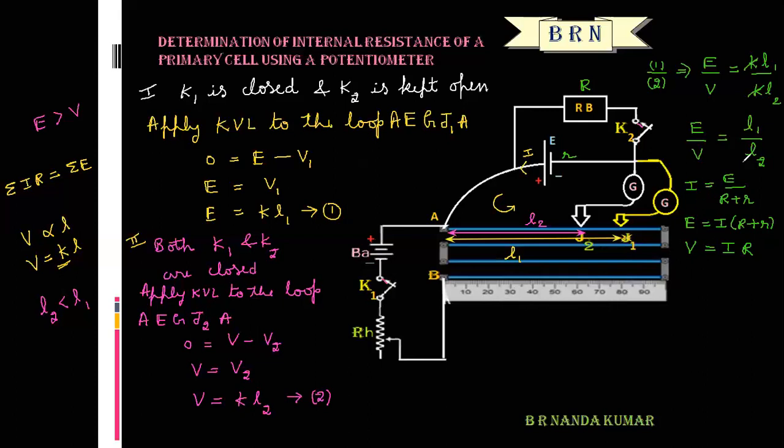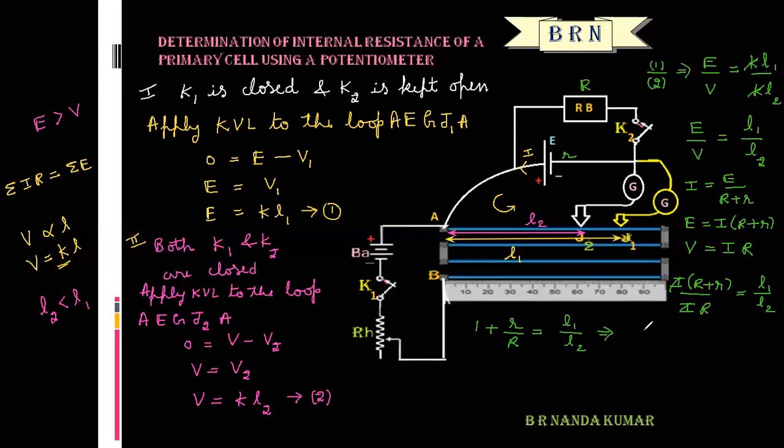Okay. Now the equation becomes E divided by V is I of R plus r divided by I into capital R, that is equal to L1 divided by L2. So I gets cancelled. So R plus small r divided by capital R, that is 1 plus small r divided by capital R, is equal to L1 divided by L2.